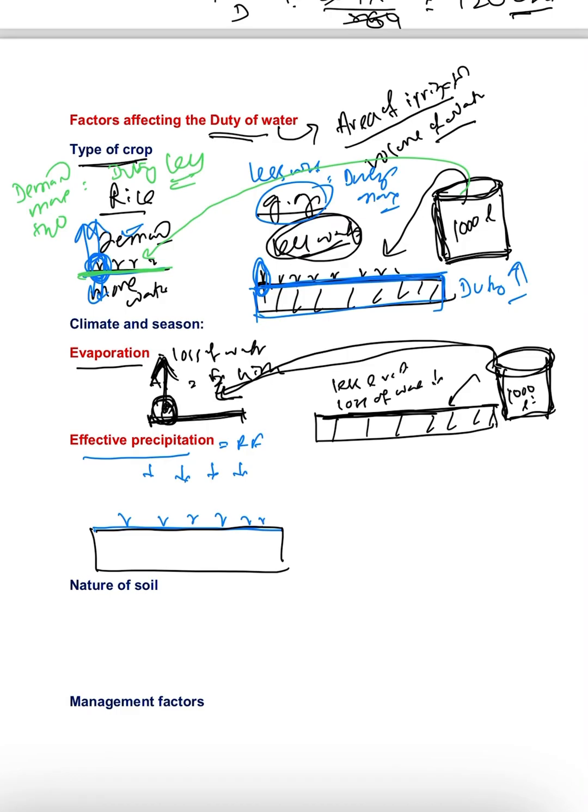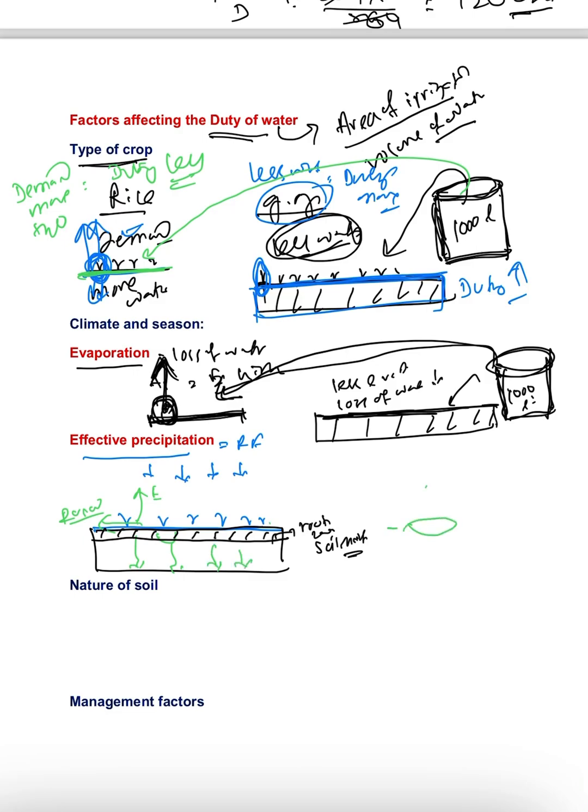As you know, some of the rainfall water will go as runoff loss, some will get evaporated, and some of the water will go downward beyond the root zone. Suppose this is the root zone layer, or we can say soil moisture. So most of the water will also go beyond the root zone.